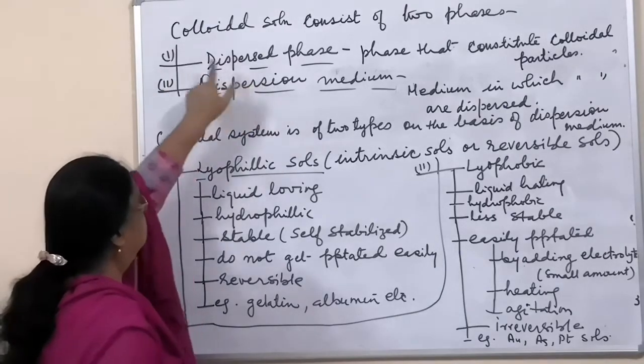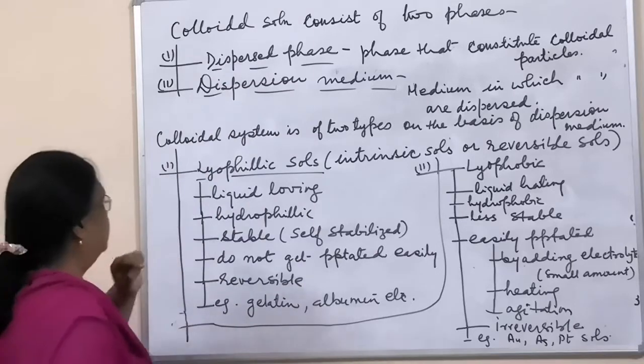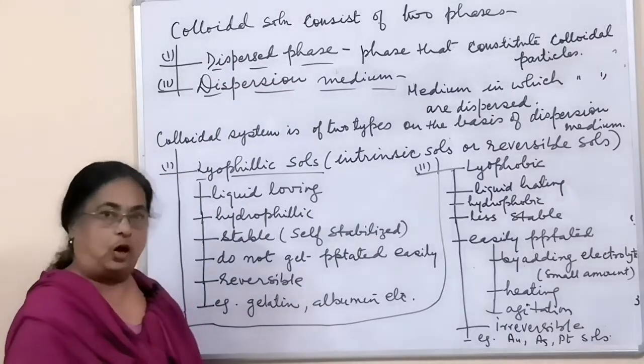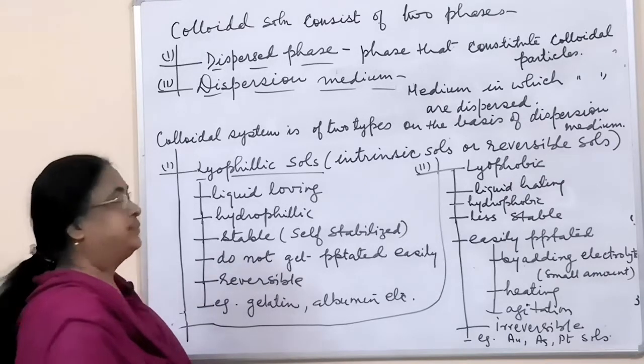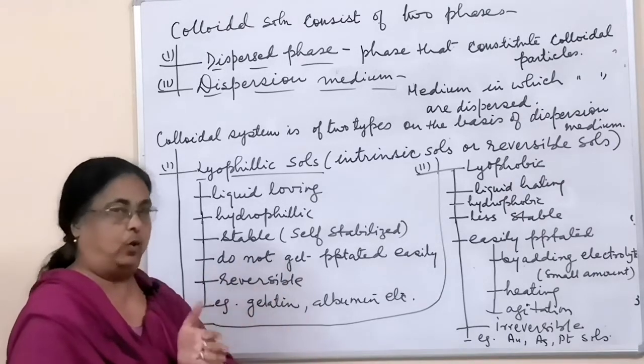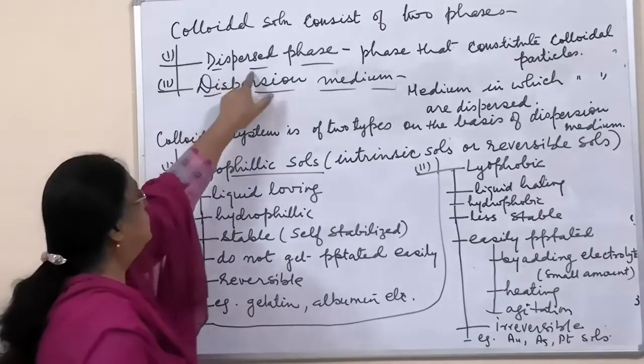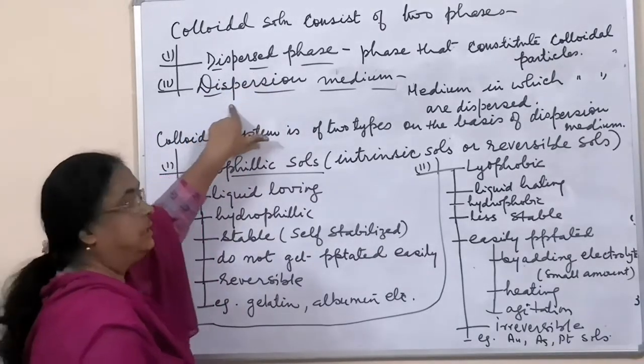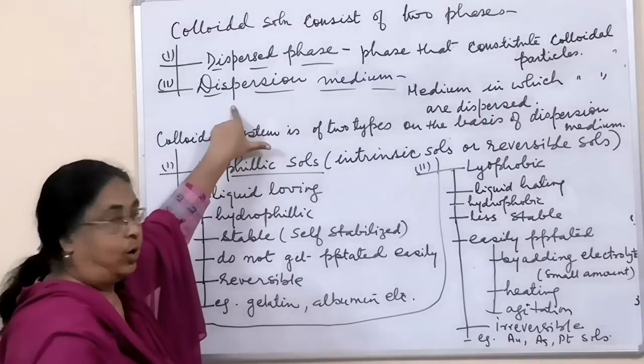So colloidal solution has two phases. Since it is a solution, you know it consists of solute and solvent. Solute is a substance that dissolves in a solvent. So here dispersed phase you can understand like solute, and dispersion medium you can understand like solvent.